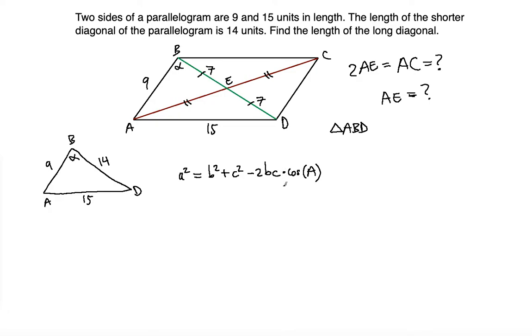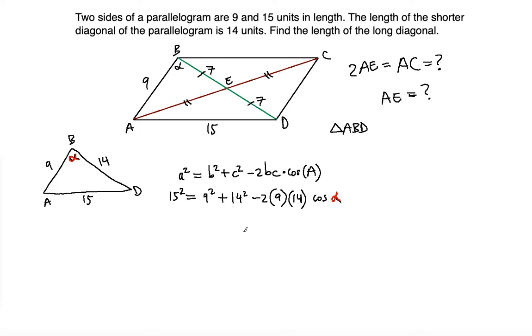The side a should be opposite the angle, so the side opposite alpha is the 15 side. So we can write 15 squared is equal to 9 squared plus 14 squared minus twice 9 times 14 times cosine of alpha. Let me mark this cosine of alpha with red.